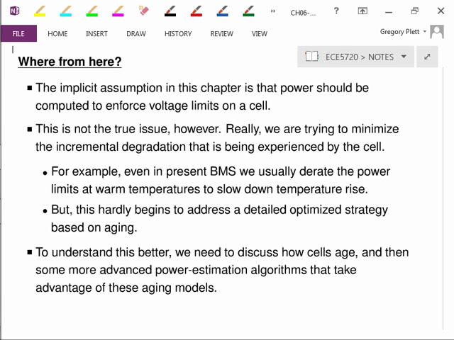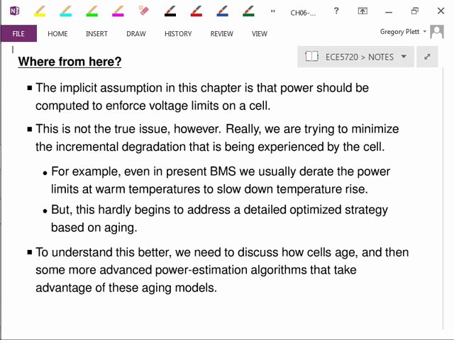So the compromise that we're making is a compromise of complexity. Voltage is easy to predict. Voltage is easy to measure, but really we probably want to compute our power limits based on internal cell variables. And that's one of the really biggest motivating factors for having cell models that are chemically based rather than empirically based.